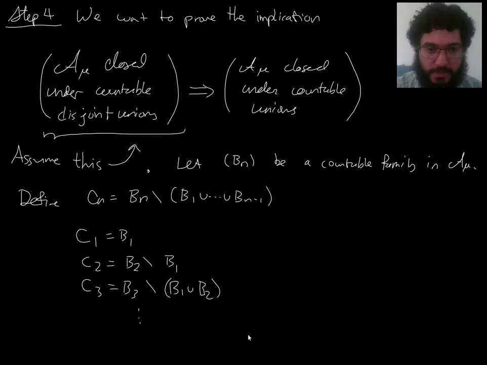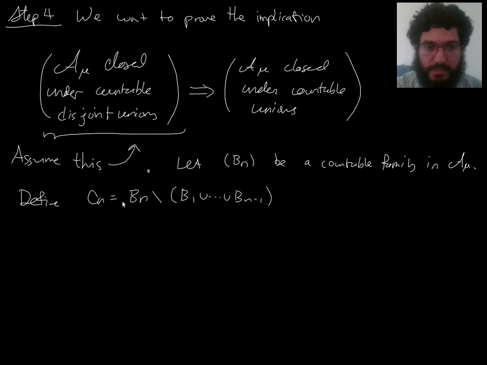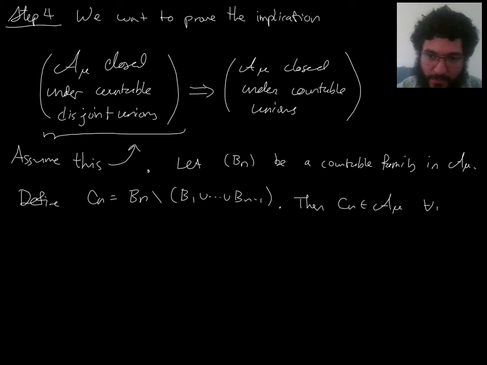Now, you can always do this, but where there might be trouble is, when you do this, do you get something that's in A_mu? In this case, what we're doing is unioning a bunch of things and then doing some complement, right? That is in A_mu for all n, because A_mu we now know is an algebra of sets.